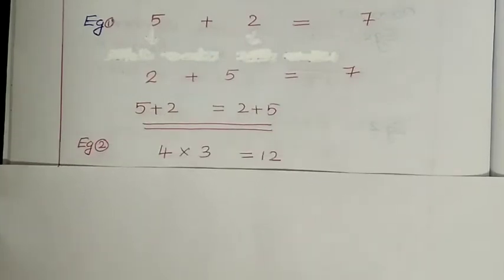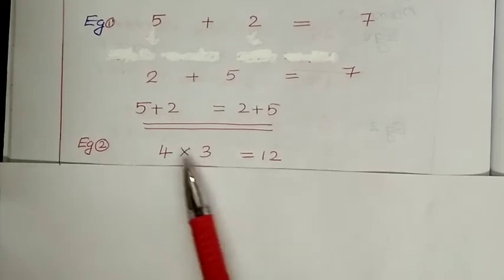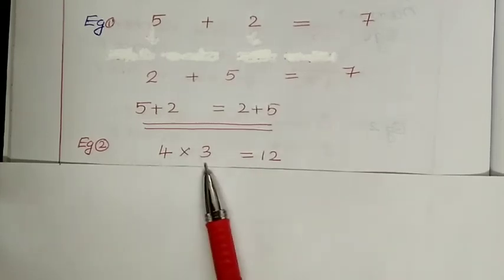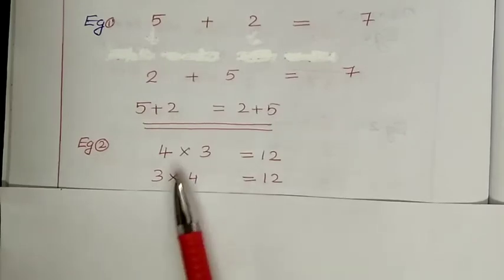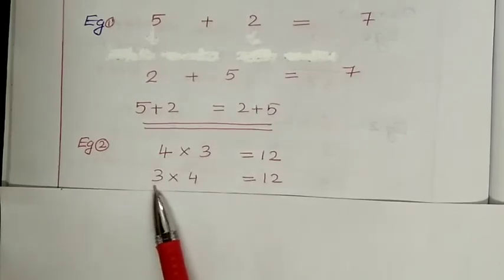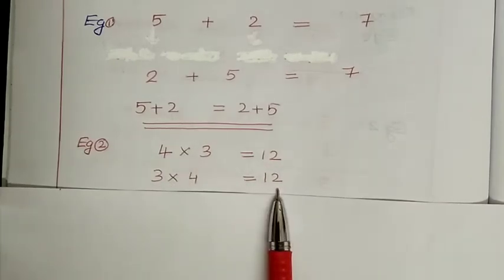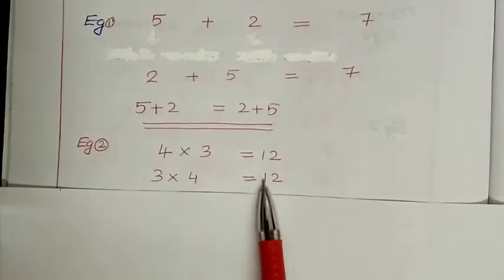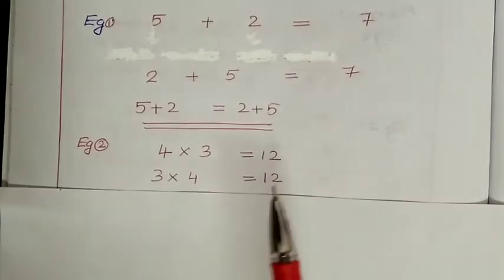Then another example, in the case of multiplication, 4 and 3 are two whole numbers. What is its answer? 4 threes are 12. Then again, 3 fours are what? When we change its order, 3 into 4, the answer is also 12. Here also, when we change its order, its answer is the same.